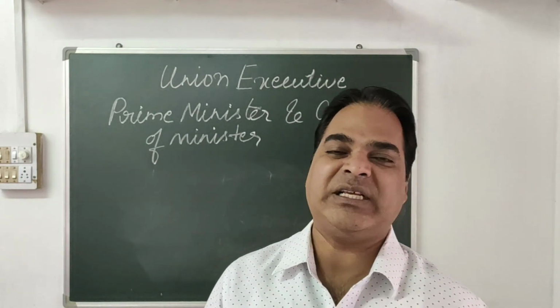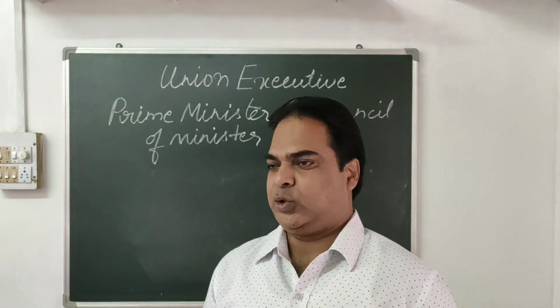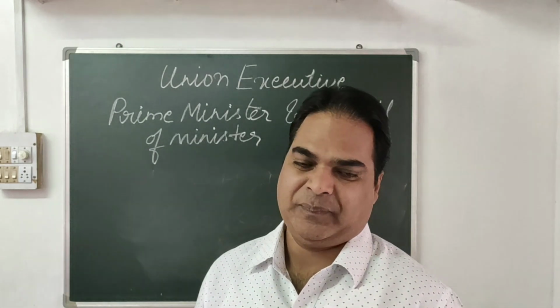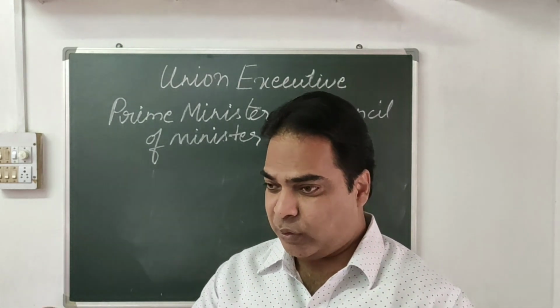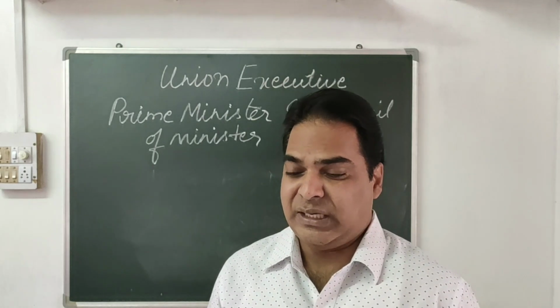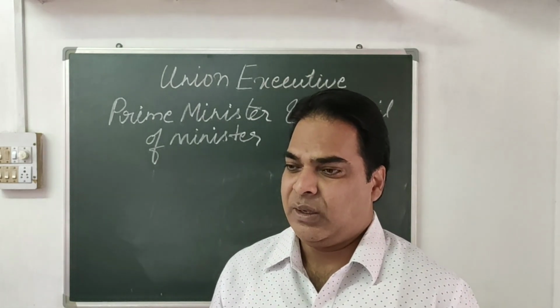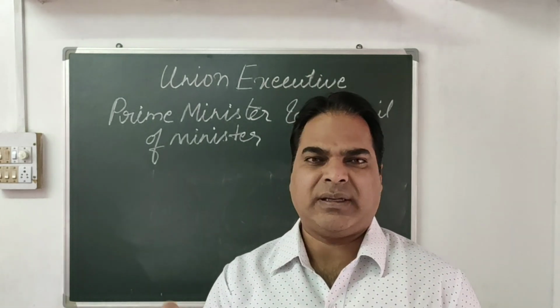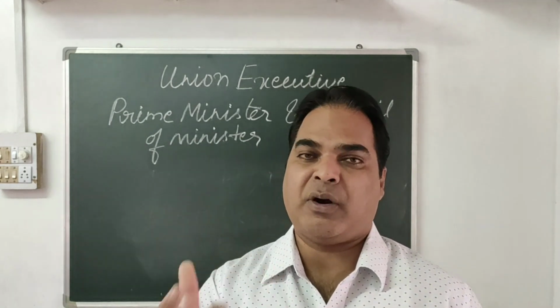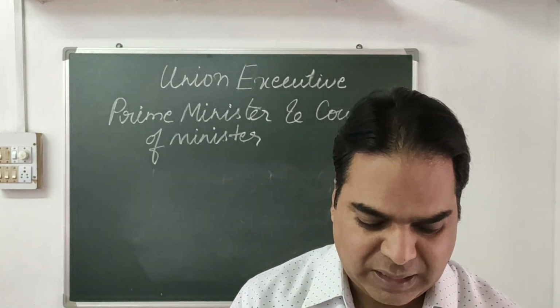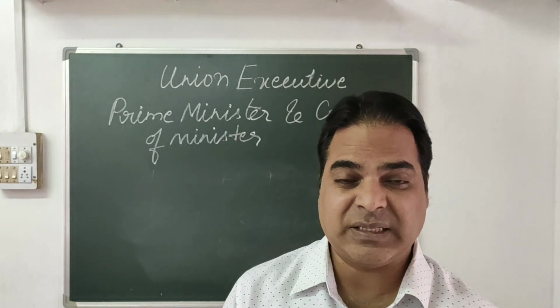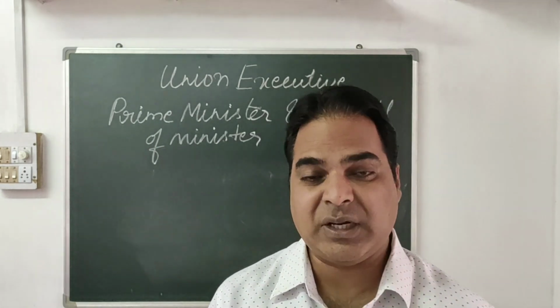Prime Minister alone decides to whom should I give the ministry. So he goes through every detail of the members of parliament. Eligible, capable candidates are given the important portfolios, important ministries. That is about the formation of Council of Ministers.